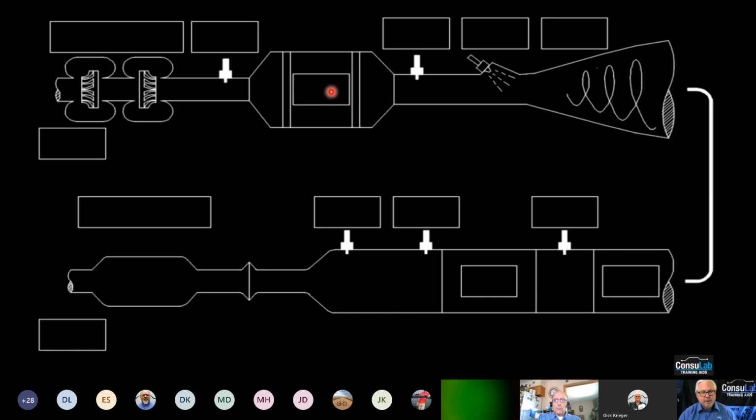So we come through to, again, the DOC, the diesel oxidation catalyst, the DEF fluid injector, decomposition tube, swirl chamber. And then we come into the selective catalytic reduction unit here, and the diesel particulate filter here, and of course the resonator at the end.